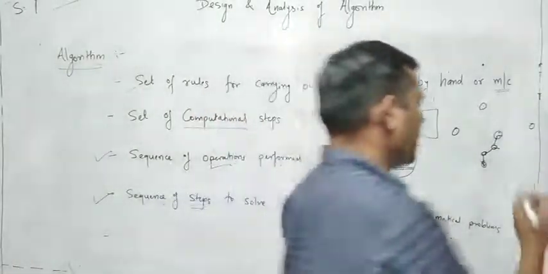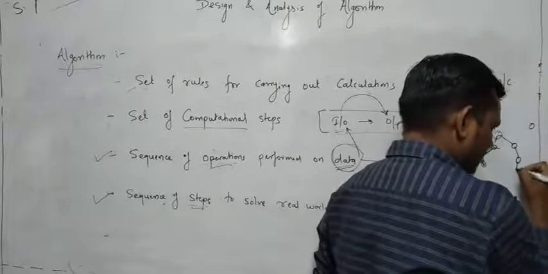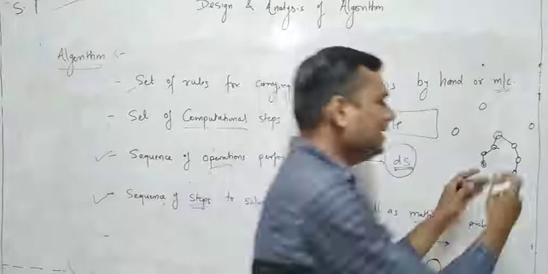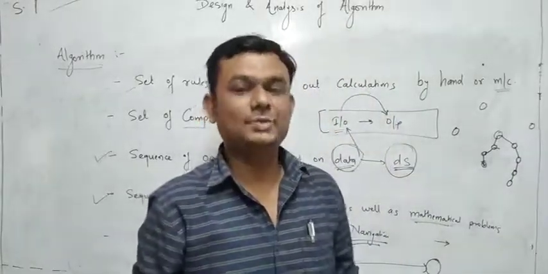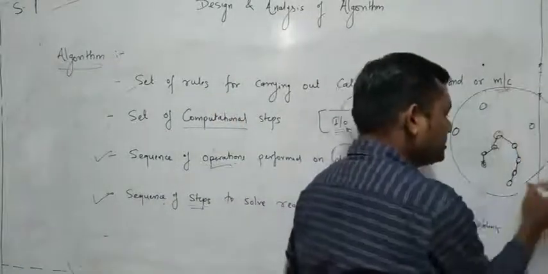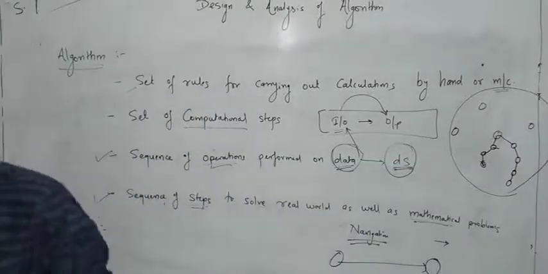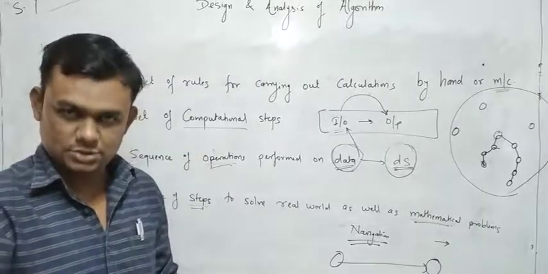But another student refers to going to Malegaon, after that Shirdi, then Nagar, and lastly goes to Pune. These are different types of paths. From those different paths, we select the shortest path. And for selecting the shortest path, we require different types of algorithms.